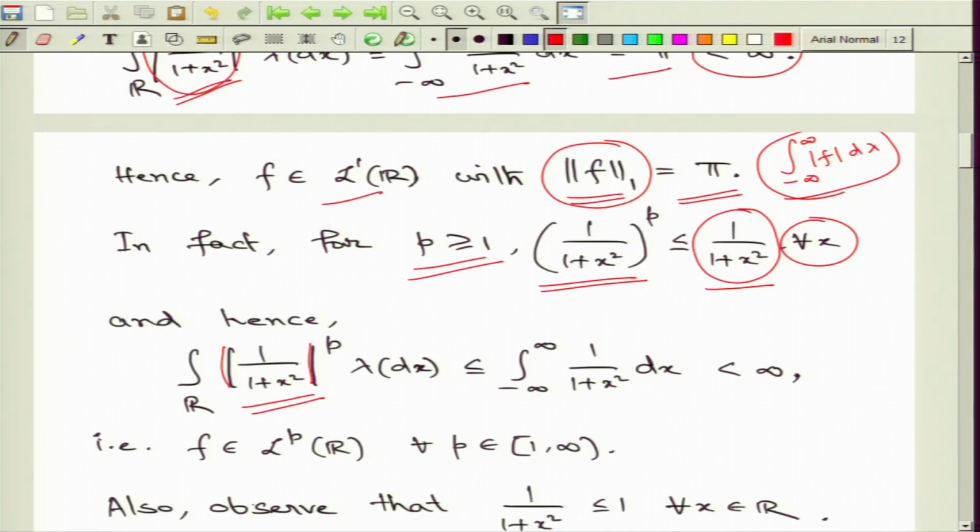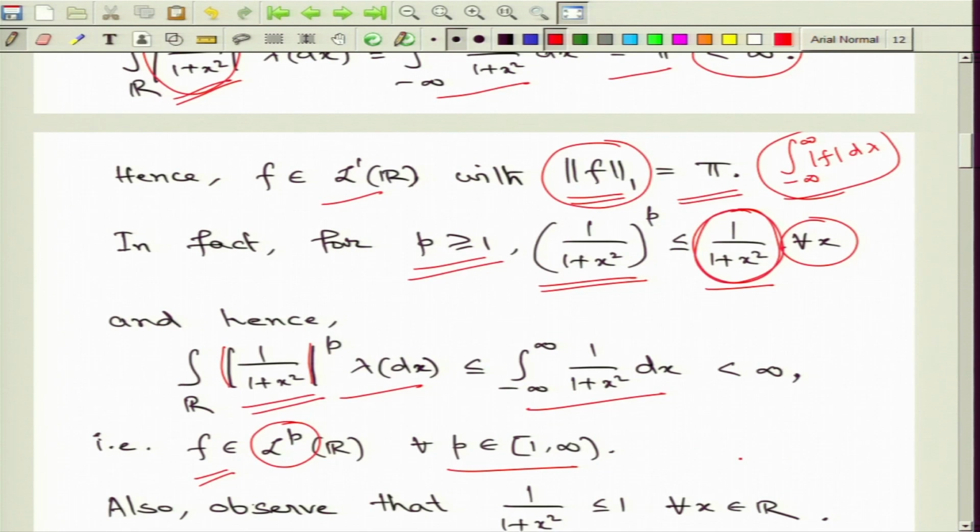If we compute this raised to the power p with respect to the Lebesgue measure, that quantity will be less or equal to the function's integration with only 1 by 1 plus x squared without any extra power, and that we have already shown to be finite. Therefore, we conclude that the given function is also in LP for all p between 1 and infinity, 1 included, infinity excluded.